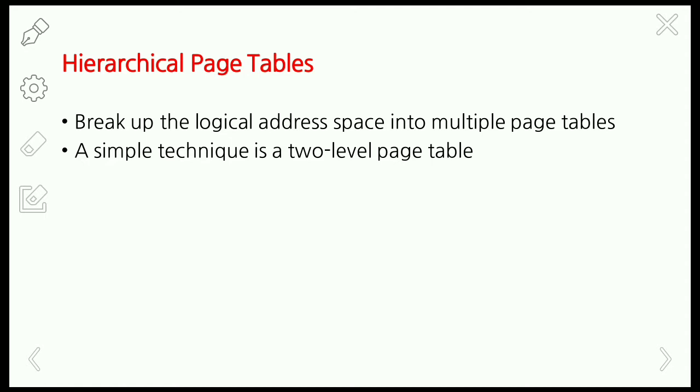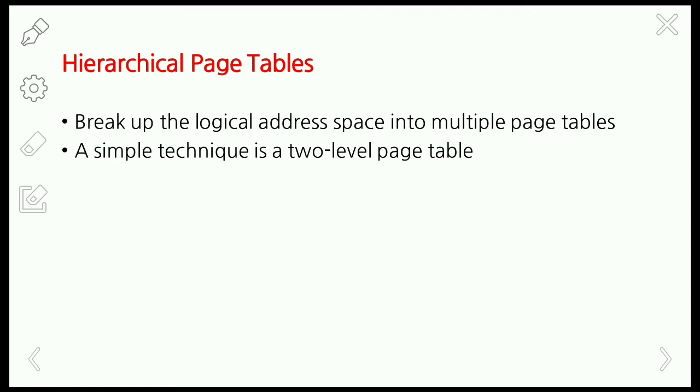But what if the page table size is more than the frame size? Since the logical address space is very large, the page table size also becomes large, because in order to map the logical address to the physical address, a large logical address space needs a large page table.